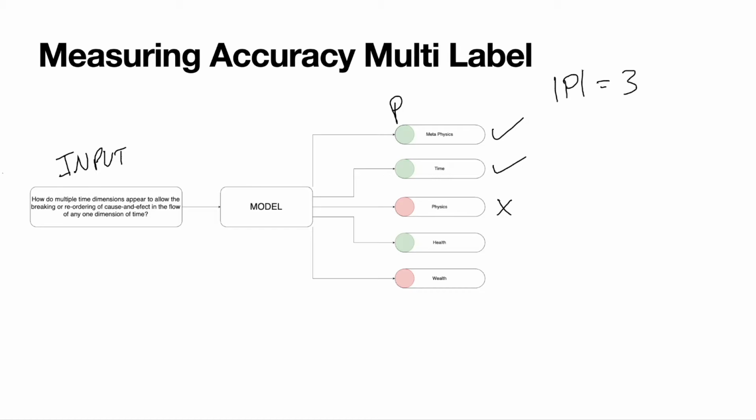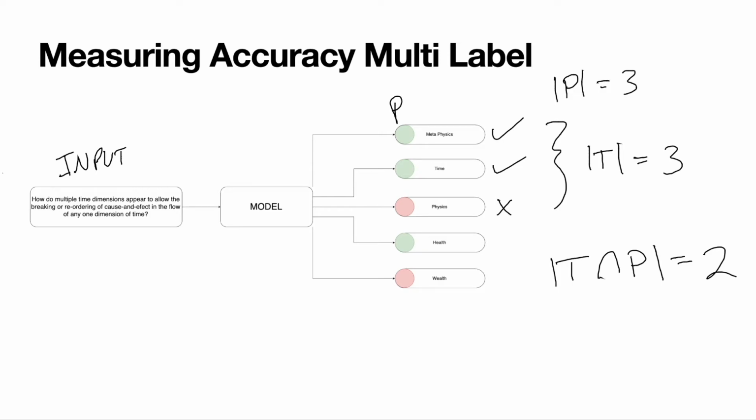So this is actually the set of total true values, which is also 3. Because physics is correct, time is correct, and metaphysics is correct, but we only got 2 out of those 3 correct. So the intersection between the true labels and the predicted labels, which are correct, is equal to 2, since we got 2 values that were predicted correct, which are actually correct.